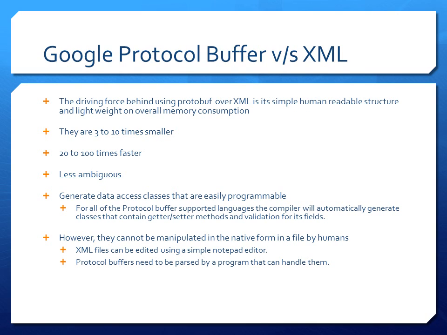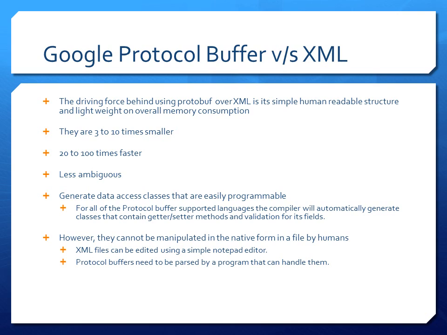Alright, let's compare protocol buffers versus XML. The driving force behind using protocol buffer over XML is that it is a simple and human-readable structure and lightweight on overall memory consumption.